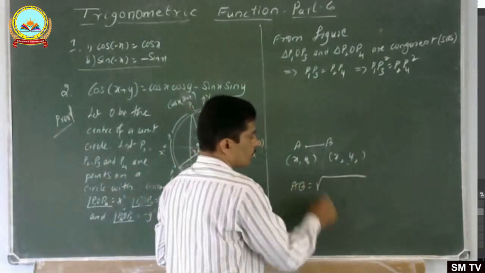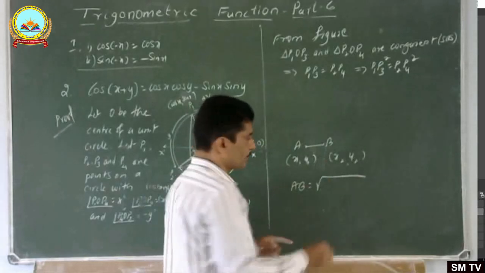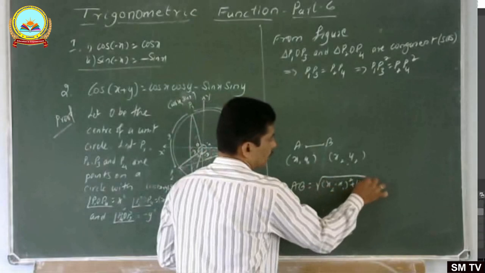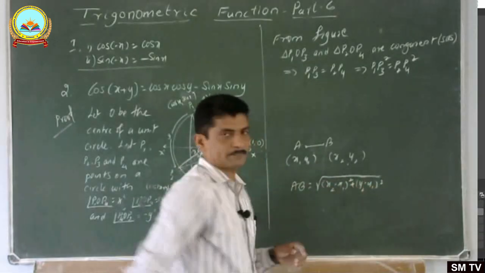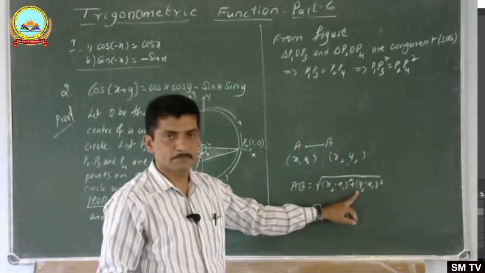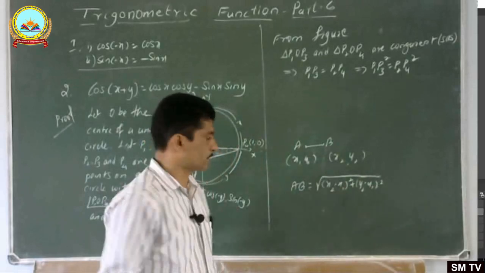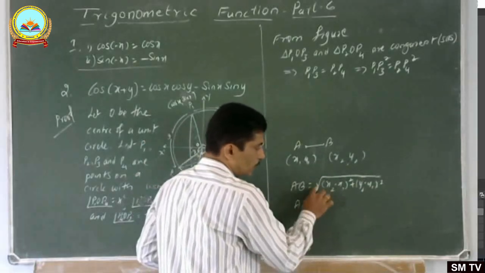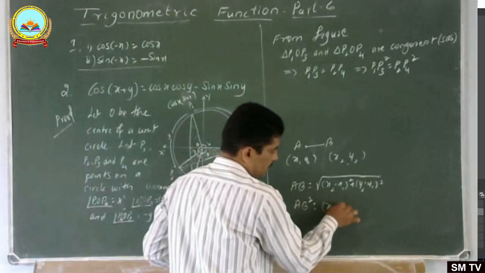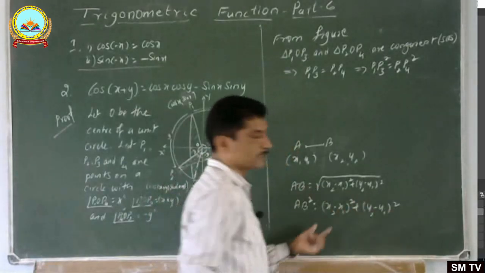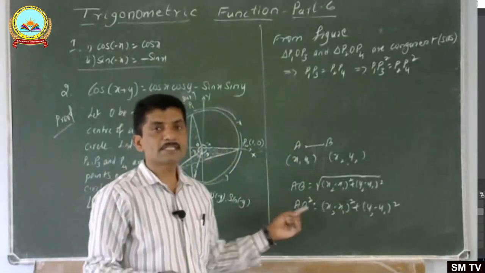Its value, using the distance formula, is the square root of x2 minus x1 whole square plus y2 minus y1 whole square. Squaring, AB square is equal to x2 minus x1 whole square plus y2 minus y1 whole square, and the square root is cancelled.